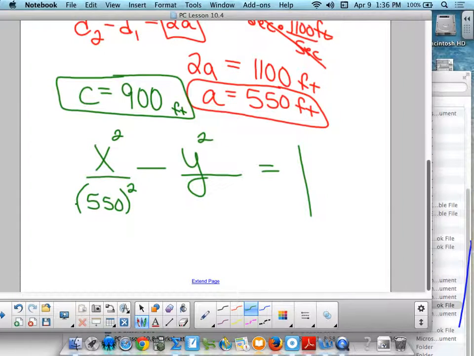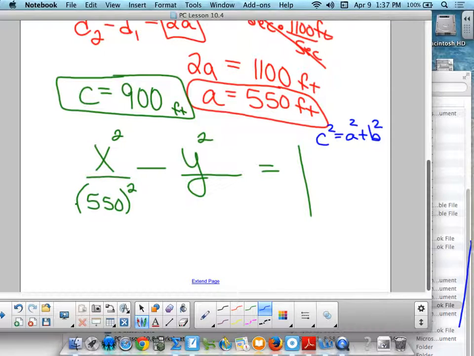What do I put under y squared? B squared. Where's B? Oh, I don't have B. Uh-oh. If I don't have B, I gotta go find B. So let's go over here. Remember how to do this? It's just the old Pythagorean theorem.